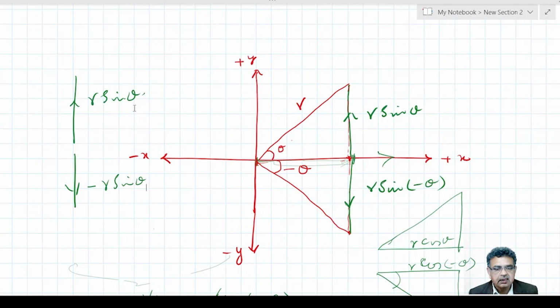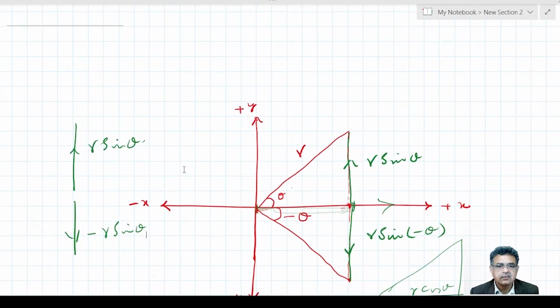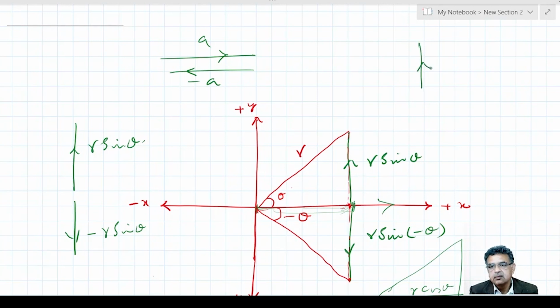This is the concept of vectors actually. If this is a vector A, then this is minus A. So in the same context, if this is B, then downwards that is minus B. So if this is r sine theta upwards, then downwards that will be minus r sine theta.